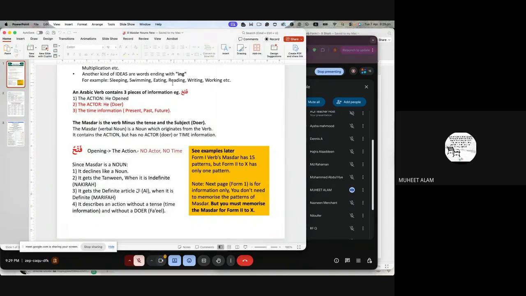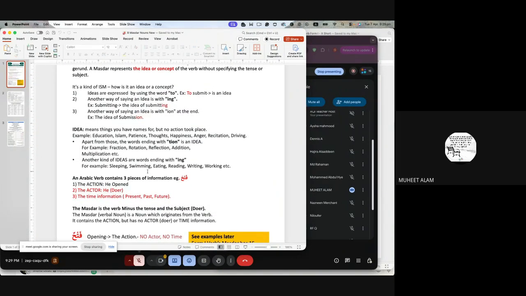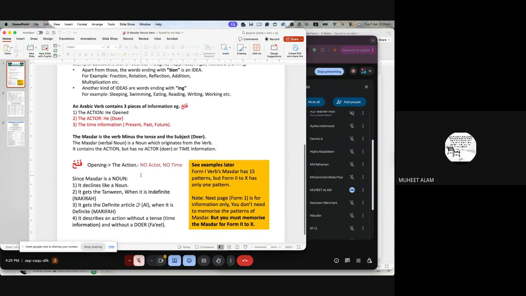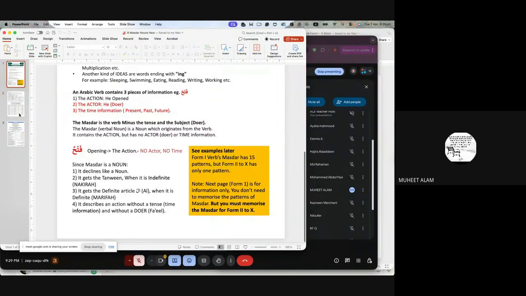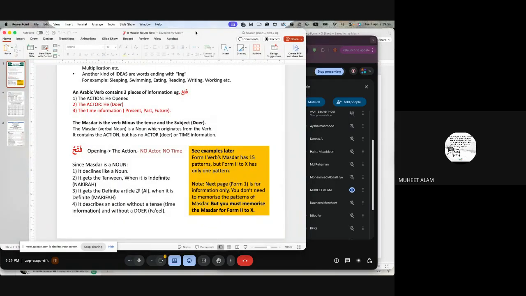Similarly, when we say "submitting" or "submission," all of these are ways of expressing the idea of the action submit. So whether we say to submit, submitting, or submission, we are not talking about a specific person doing the action at a specific time. We are just talking about the concept or idea of submitting itself. It is exactly what a masdar does in Arabic.